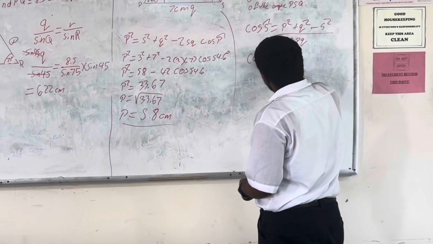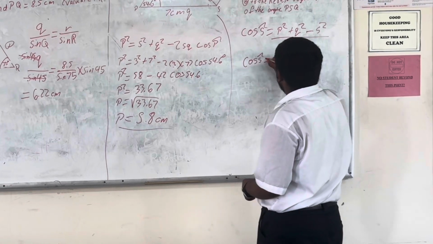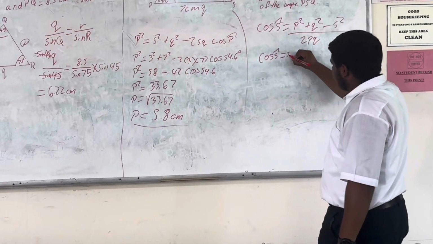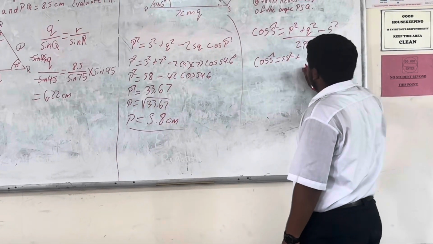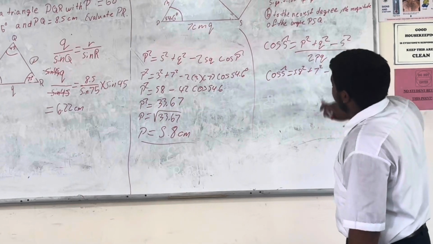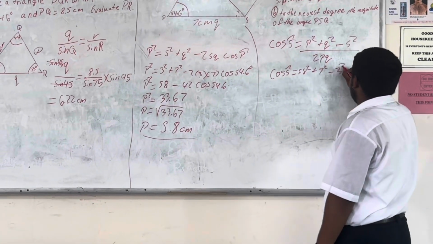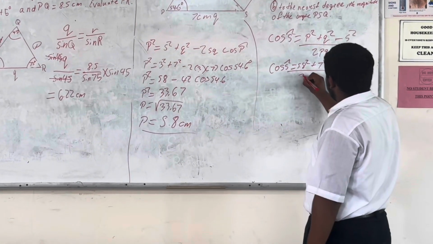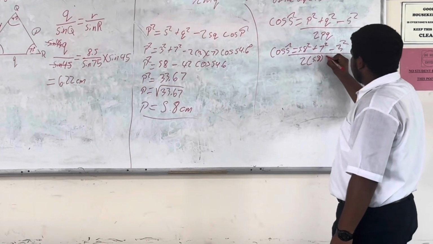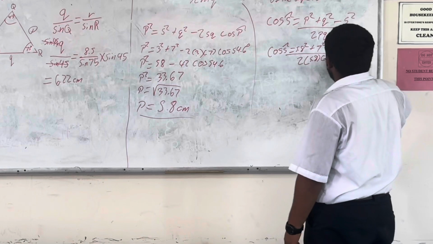That means cosine S is equal to p, which is 5.8, squared plus q squared, which is 7 squared, minus s squared, which is 3 squared, over 2 times p, 5.8, times q, 7.